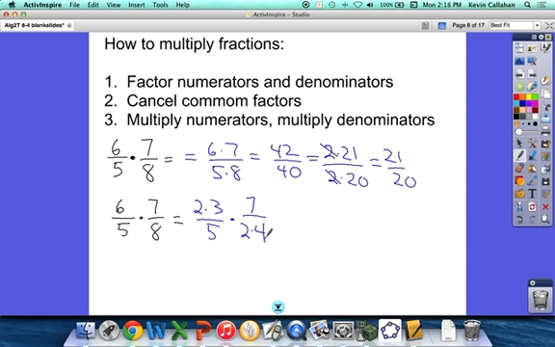It doesn't even matter that they're not in the same fraction, because in the end, when you multiply, you're just going to run everything together anyways. So now I cancel those, and all that's left when I multiply across is 21 over 20.